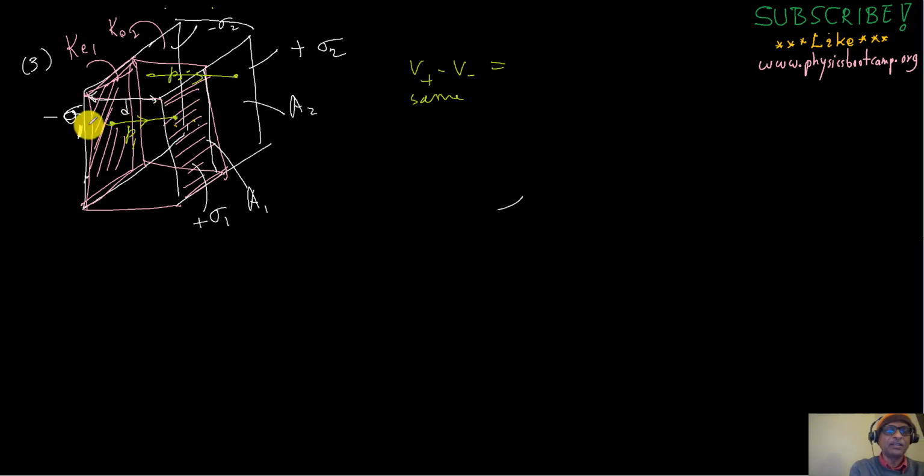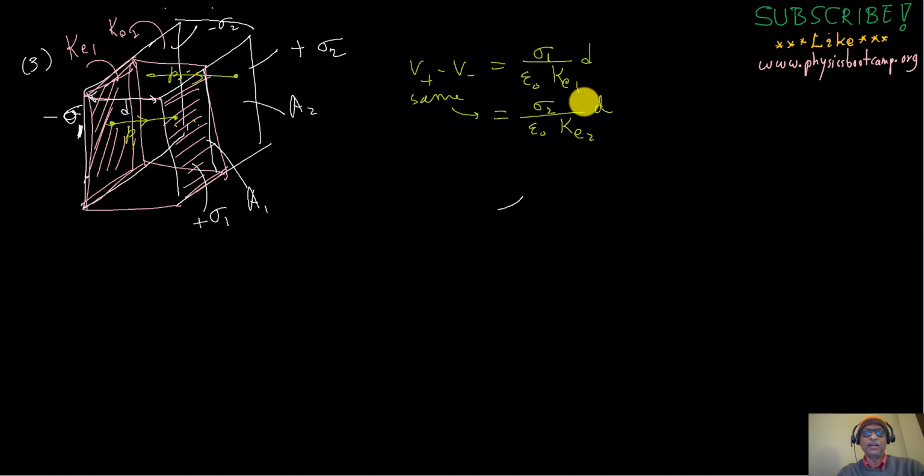With this path, I'm going to get sigma over epsilon naught KE1, that's the electric field here, times D, and that's going to be sigma 1, because in this area it's going to be sigma 1. And then if I go in the other area, sigma 2 over epsilon naught KE2, same distance D.